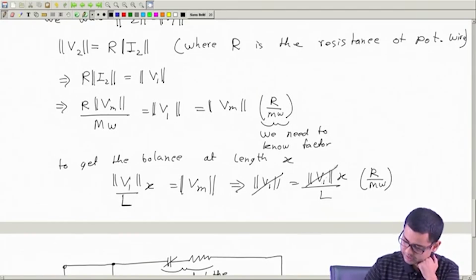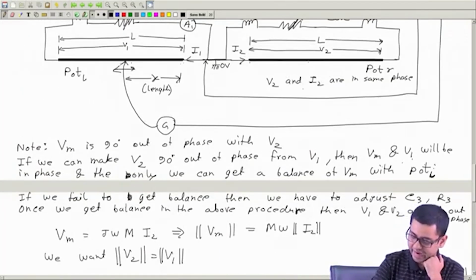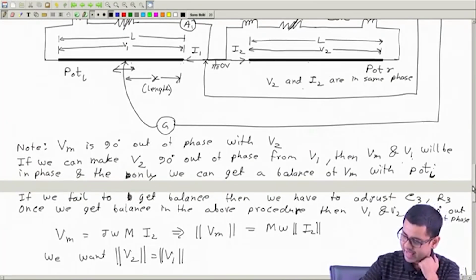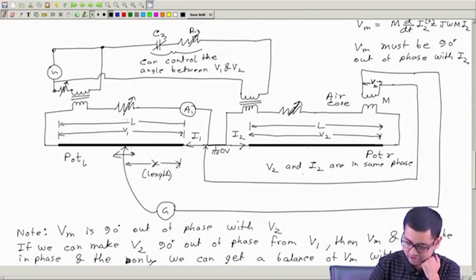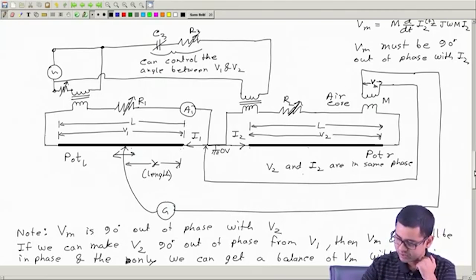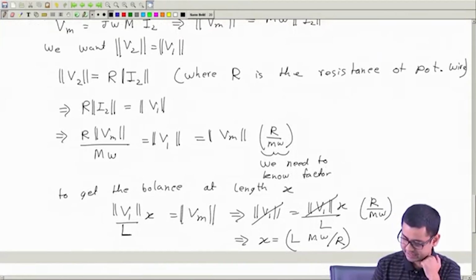Now this cancels, so x will be L multiplied by m omega by R. Okay, so what we have to do is we have to put the jockey at this particular length x and adjust these two values, or you can also adjust this resistance to control the total current. Call this R1, R2. Okay, so x is obtained like this.